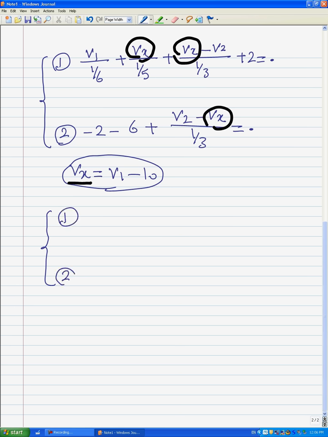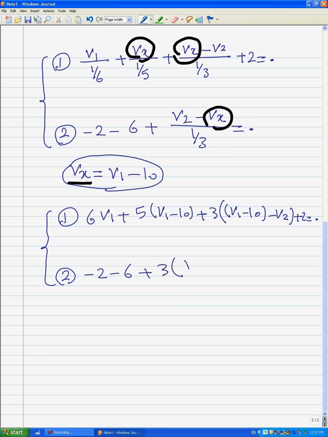Equation 1 and 2 should be simplified like this: 6 V1 plus 5 times V1 minus 10 plus 3 times V1 minus 10 minus V2 plus 2 is equal to 0. And equation 2 should be simplified: minus 2 minus 6 plus 3 times V2 minus V1 minus 10 is equal to 0. And final answers for V1 and V2 are here.